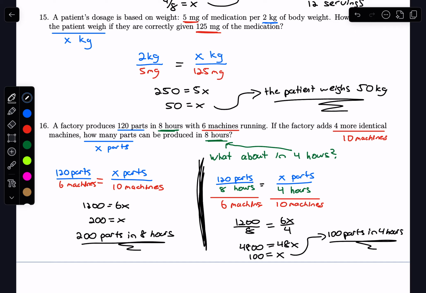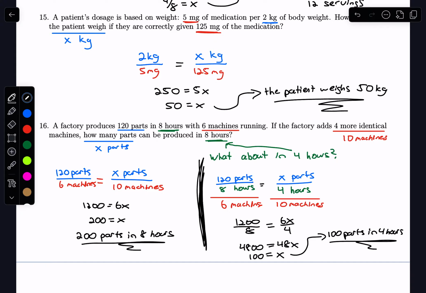In the original problem, we got 200 parts in 8 hours. When we changed the time frame, we got 100 parts in 4 hours. Notice that it's half the amount of time and half the amount of parts, which makes perfect sense. So, a little bit more complicated how we set it up, but it works out to be the same thing.